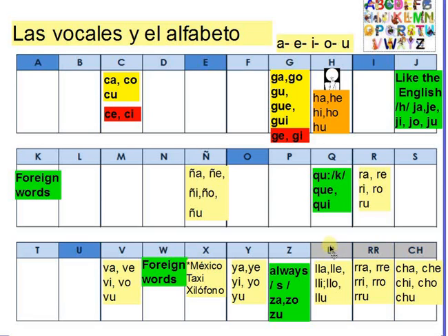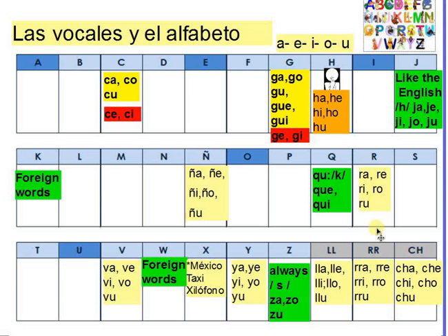Okay, and we have these combined letters and they have different sounds when they are together. So when you have double L, you're going to pronounce ya, ye, yi, yo, yu. Double R's. Well, before we talk about double R's, let's go back to a single R. When you have one R, you could have two different sounds. You can have one flap, one trill, like ra, re, ri, ro, ru. And sometimes at the beginning of a word, or in the middle of a word when the R is between two vowels, you could have the long one.